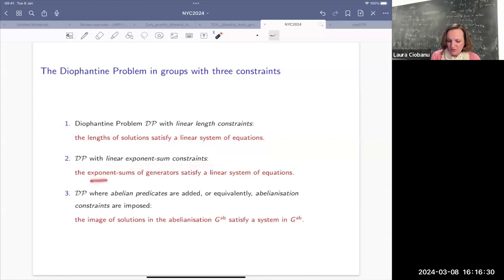So now I care about the exponent sums, that they have to satisfy some linear system of equations. And finally, the last one is about abelian constraints or predicates. I don't know what the best way is to say it, but in any case, I'm asking that the images of the solutions in the abelianization of my group also satisfy a system.